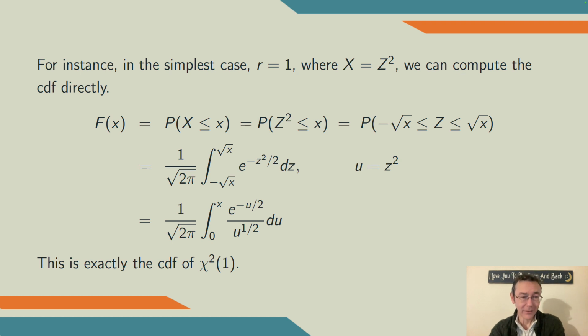Then I'm replacing the random variable x with what it's equal to, z squared, solving the inequality inside the probability statement for z, writing it as an integral using the standard normal distribution, doing a change of variables, and at the end, getting the CDF of chi-squared of 1.